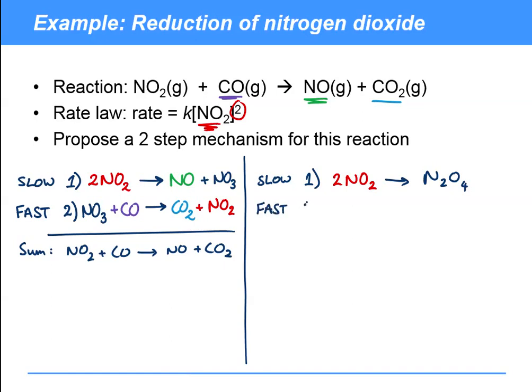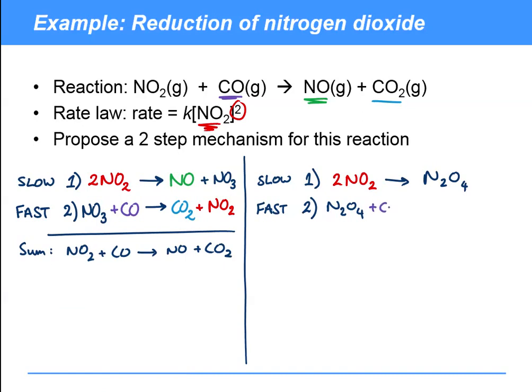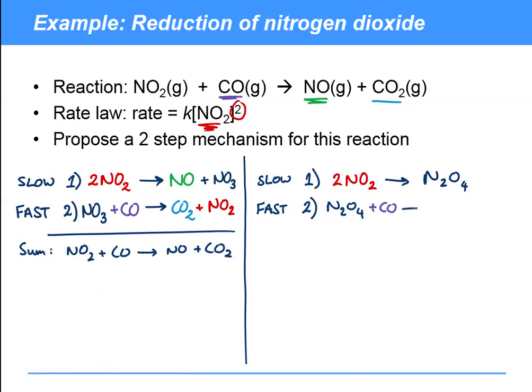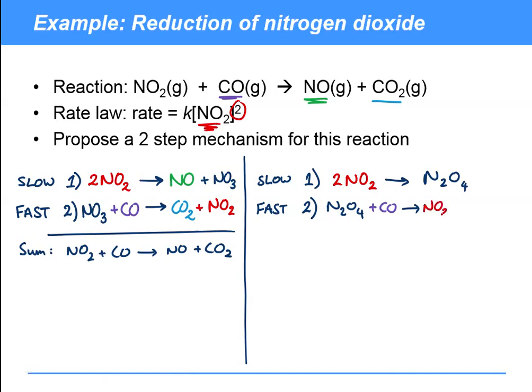In our fast step, we've got a second step. The intermediate's got to be involved, and we know the carbon monoxide's got to be involved. What else? Now we've got to make sure that we produce an NO2, because we need to make sure that cancels with 1 of those there.